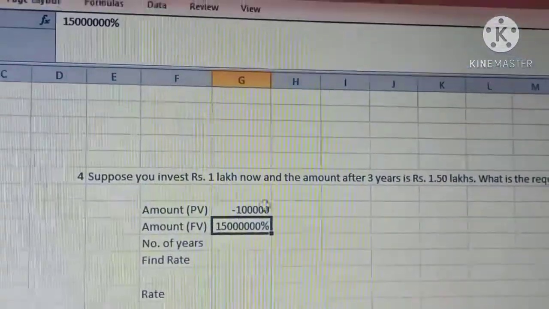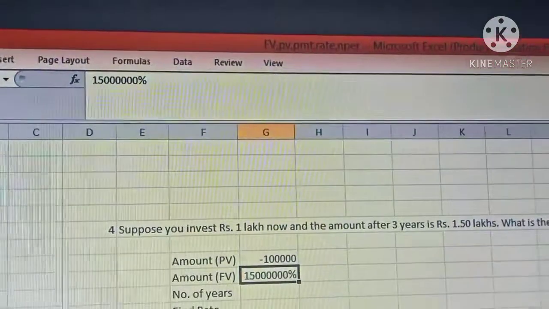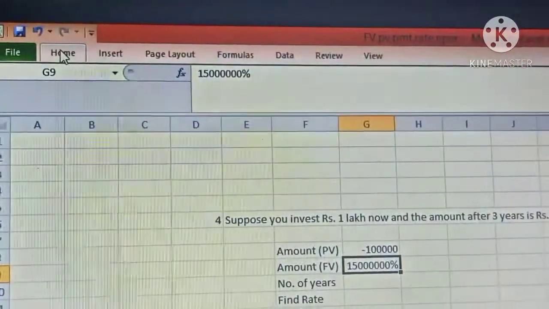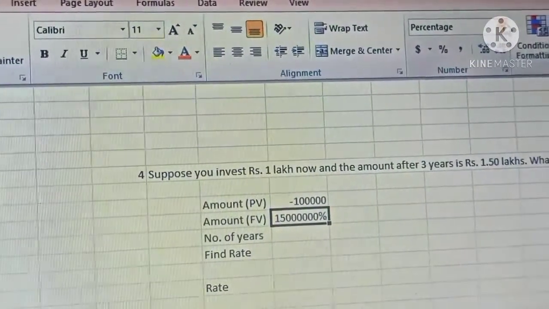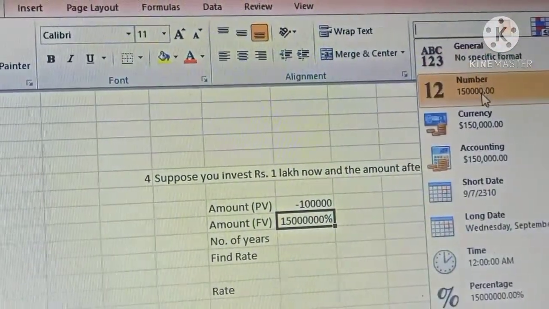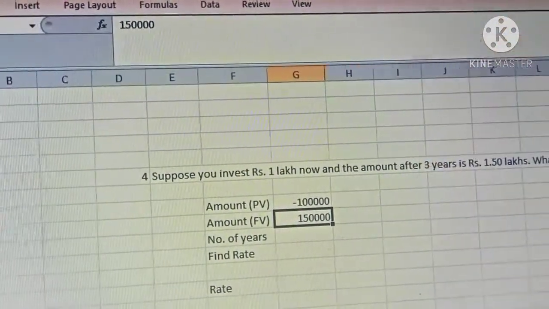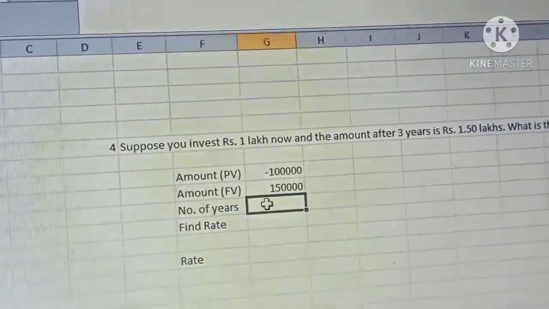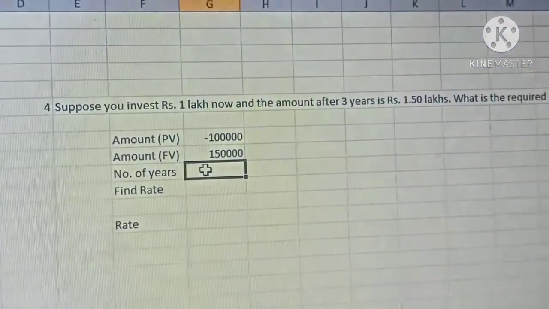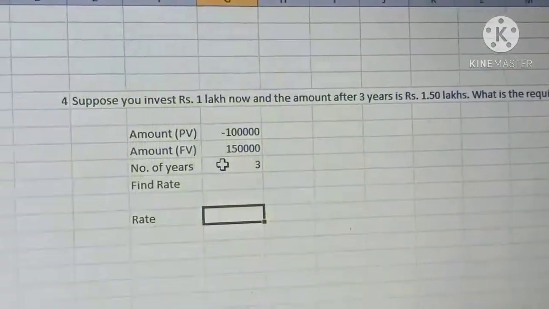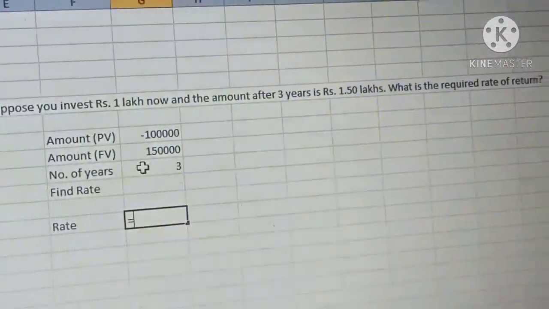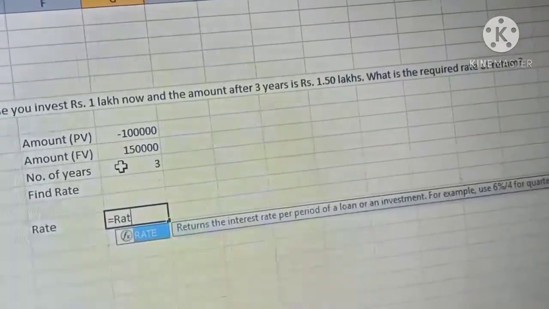It's in percentage format, so we'll change it to normal form. Number of years is 3, and we are going to find the rate of return, that is rate. We'll apply the rate formula.